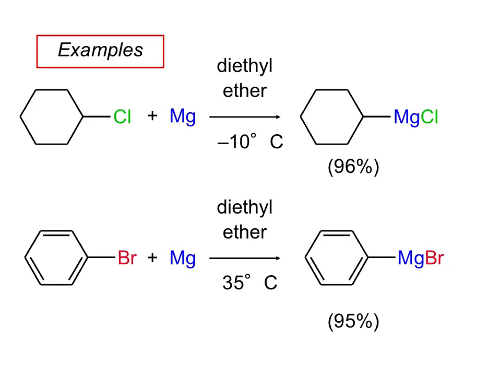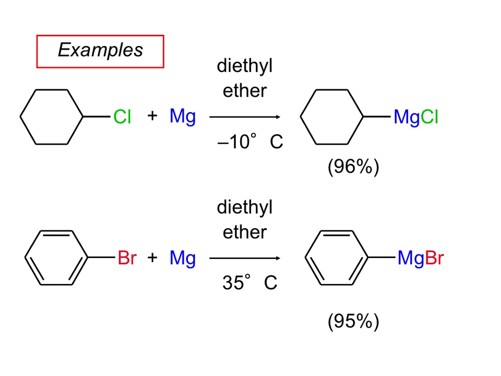Here are a couple of examples. Here's a chlorocyclohexane, so this would be a secondary alkyl group reacting with magnesium at even cold temperatures. This would react quickly to form the cyclohexyl magnesium chloride Grignard reagent in 96% yield. Here is a bromobenzene, and you can see we get efficiency with different halides.